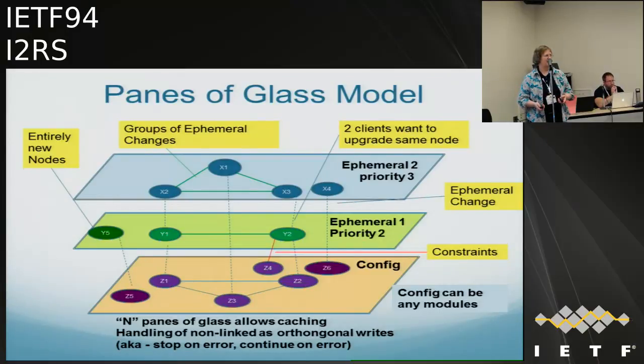I think you may be losing people, but I have to ask a different question. Sure, go ahead. At the last interim phone discussion that I was on, we discussed panes of glass, and representing config as one pane and ephemeral as a second pane is fine. I think you're going to make things much more confused trying to talk about two levels of ephemeral panes. Okay. I don't think we should see that.